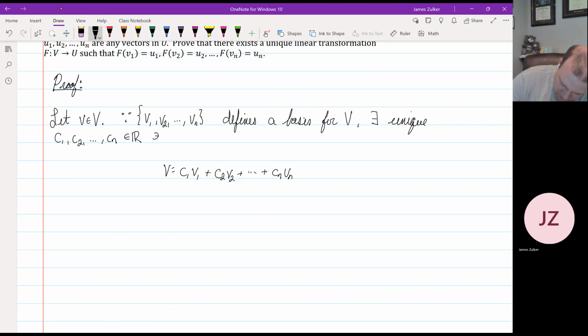Now what we do is define a mapping from V into U as f of V equals C1 U1 plus C2 U2 plus so on and so forth.